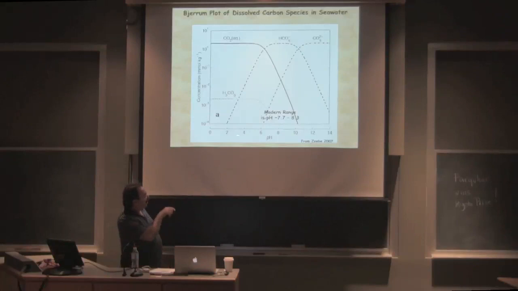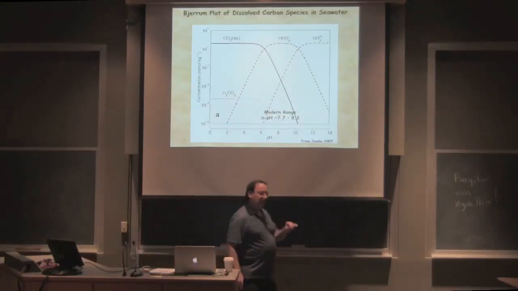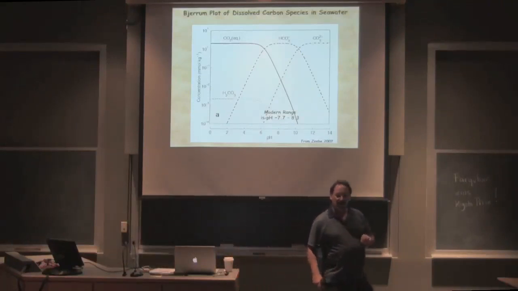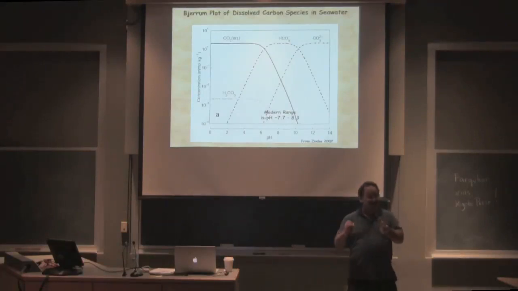And as the pH rises, the carbonate ion is going to increase, the bicarbonate is going to decrease. So if we assume that what an organism is really using to make calcium carbonate is not carbonate itself, but carbonate and bicarbonate both, and they pump a proton out, so now everything's carbonate.